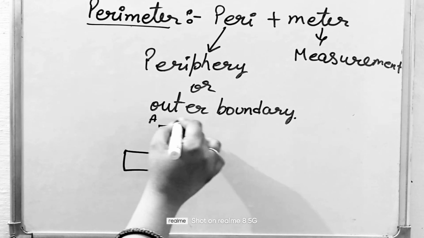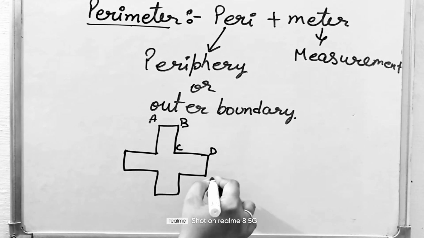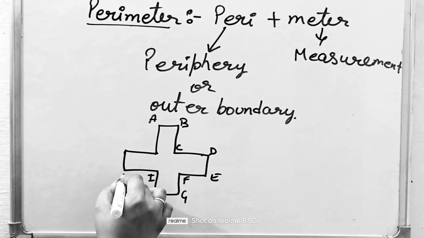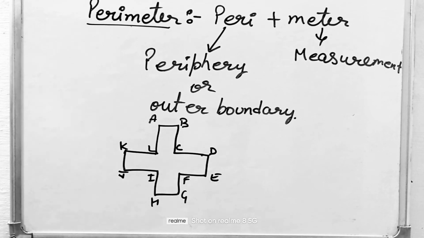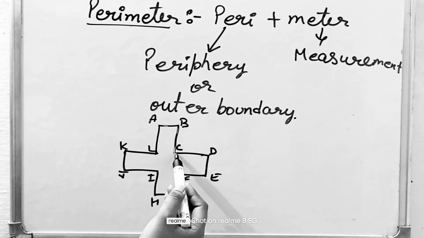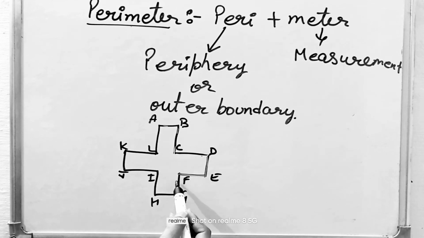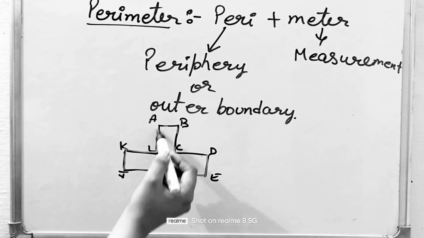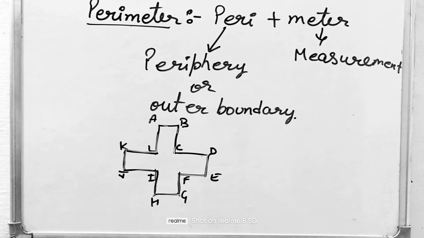If I name it, these are the names which are given to every end. So we can say that these sides AB, BC, CD, DE, EF, FG, GH, HI, IJ, JK, KL and LA will be the outer boundaries of this field.